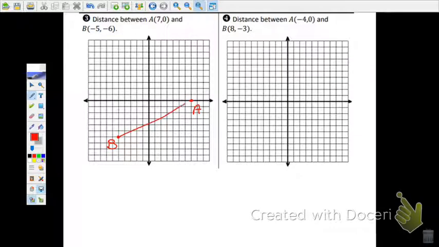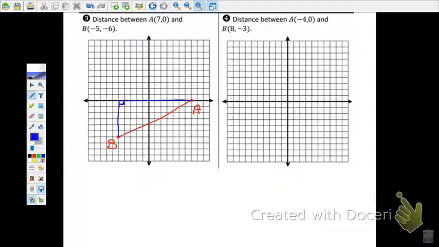So if I connect my 2 points, I've got a slanted line, so I have to do my Pythagorean theorem. You can either go up and then across, or across and then up. Either way, you're going to get a right triangle with sides the same length.